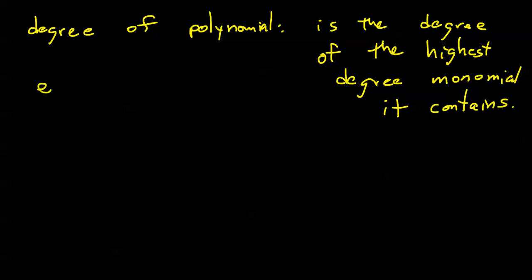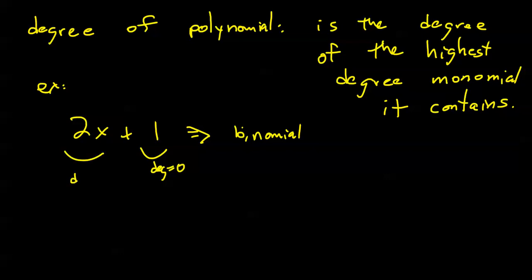Well, for example, 2x plus 1. This is a binomial because it's a sum of two monomials. This monomial is degree 0. This monomial is degree 1. So the degree of the polynomial is going to be the degree of the highest degree monomial it contains. So I would call this a binomial of degree equals 1, the highest degree monomial it contains, right?